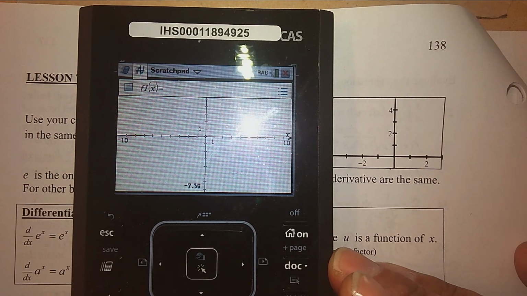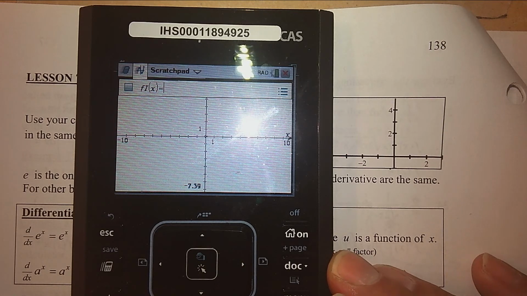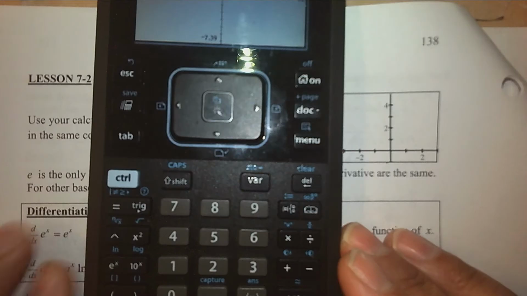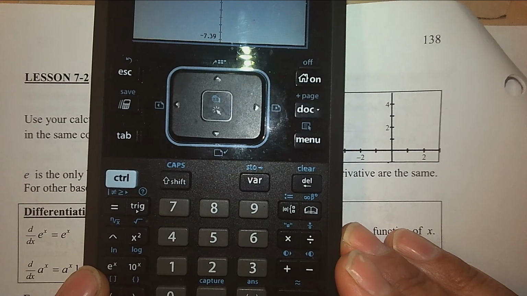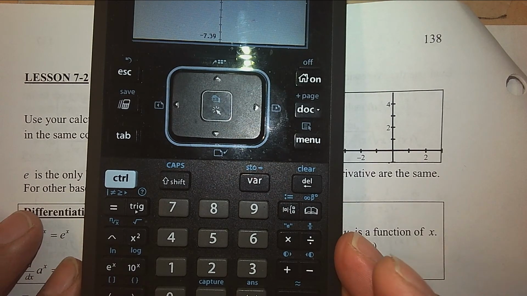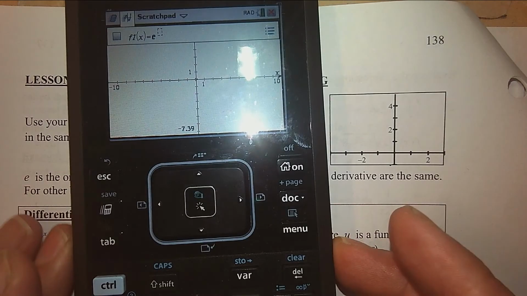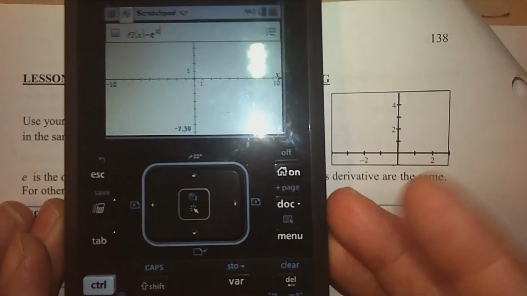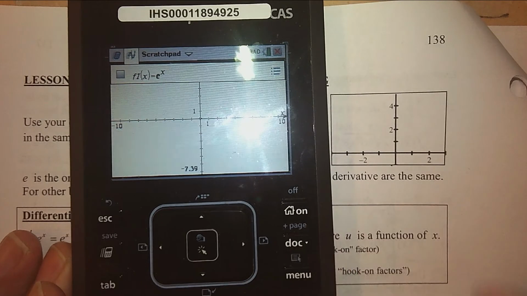E is on the left, right there. Usually you have to press a second button to get it, but not here. It's just the A button, underneath the little roof, the exponent button. Press that, and then in the exponent, put down x and press enter.